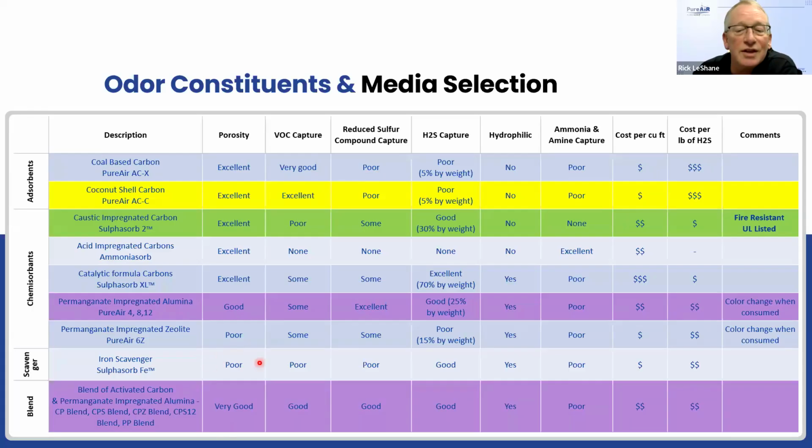Then we have our blended medias, which are a combination of aluminum spheres treated with potassium permanganate, in different concentrations, along with activated carbon. A lot of times, as I mentioned earlier, we use that as a polishing layer. We'll have a roughing layer, which is basically two-thirds of, say, our Sulfazorb XL.